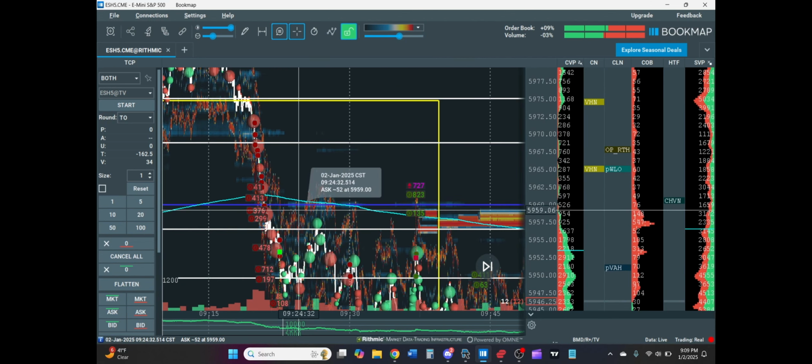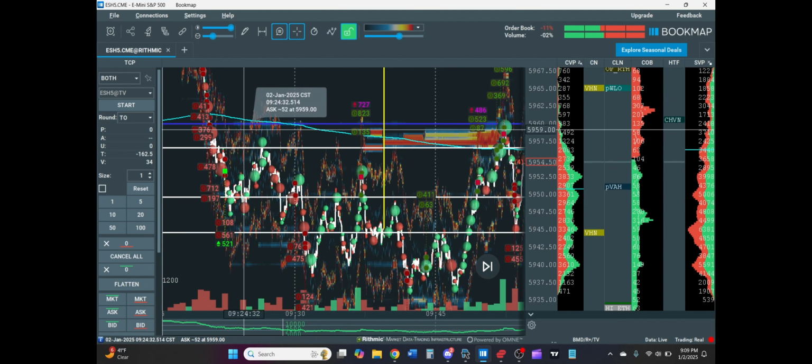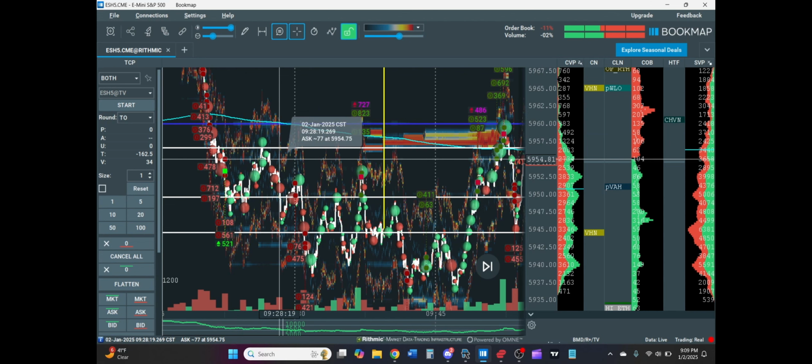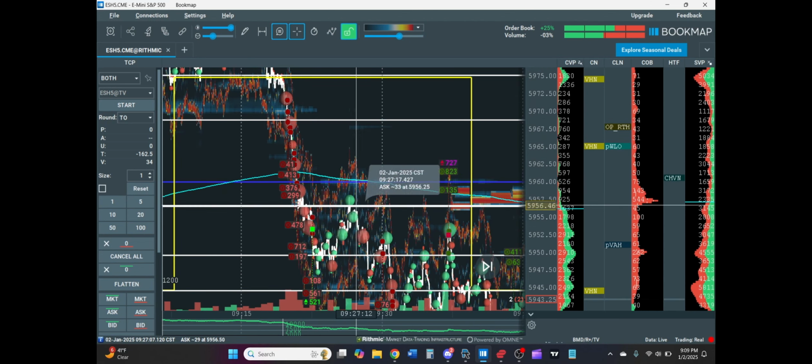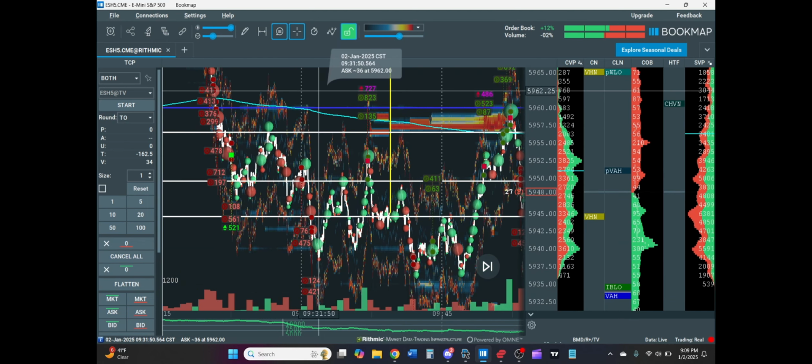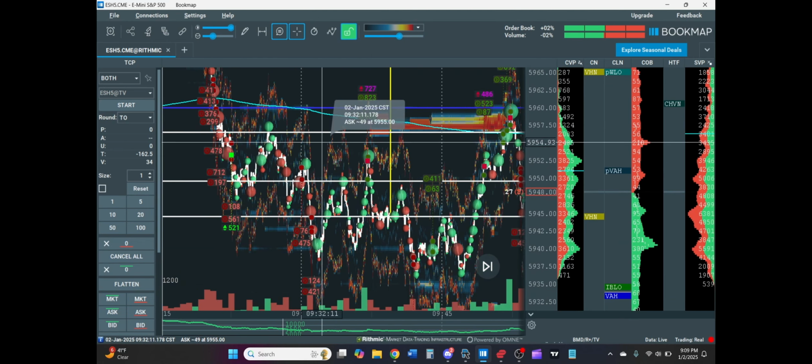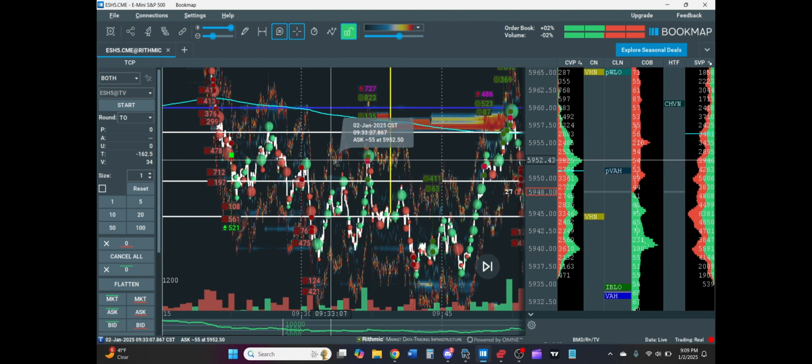Alright, so we have our IB. Break below. So this is offering more context too. Now we're kind of trending down. So now we're still looking for entry to get short.